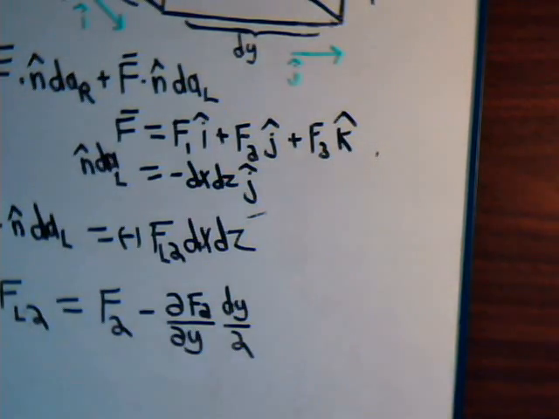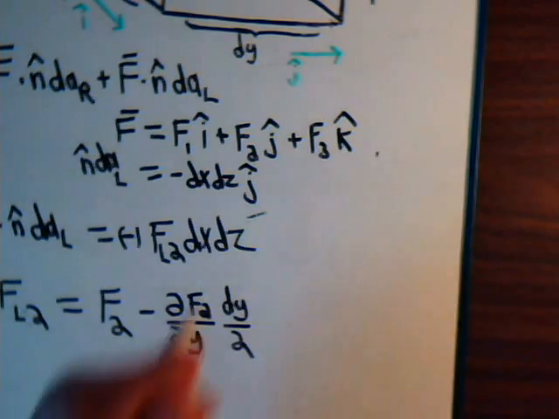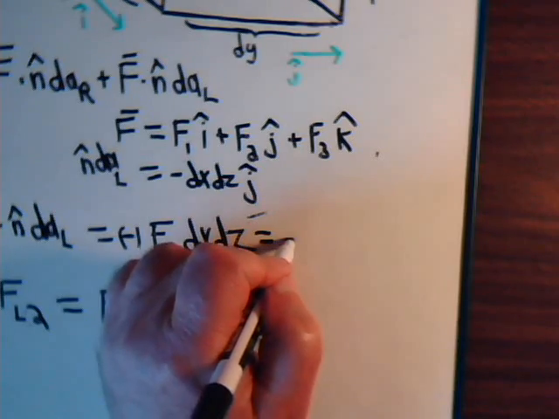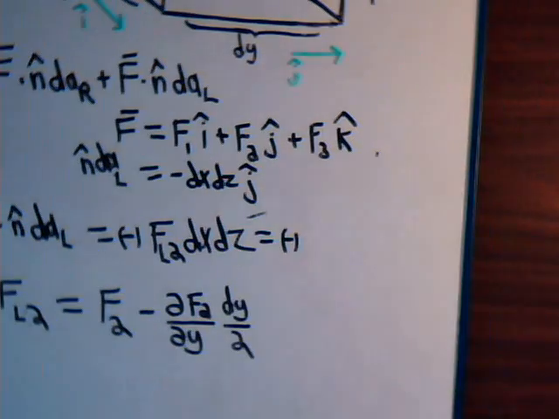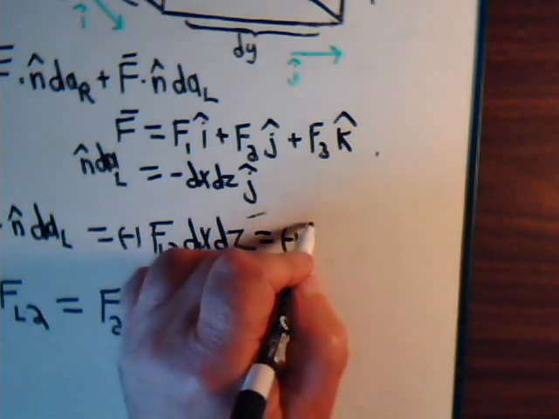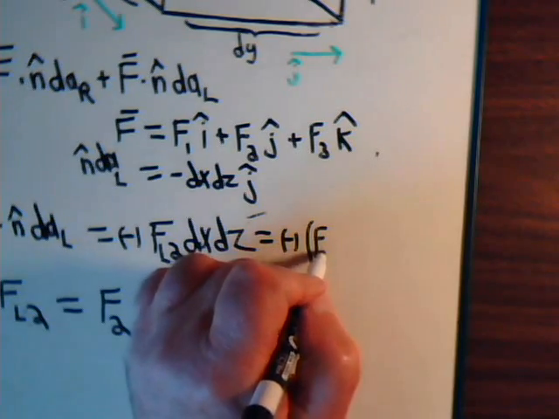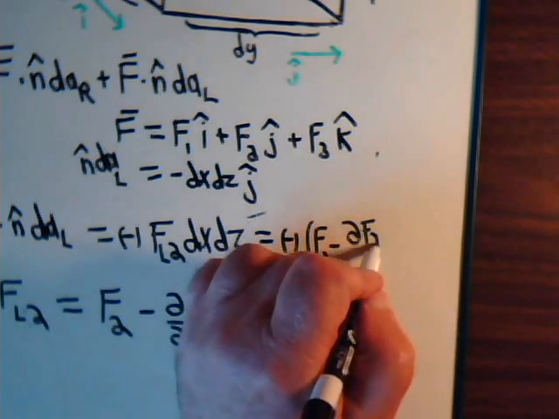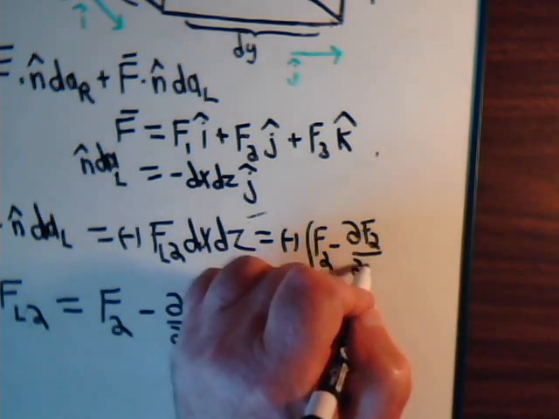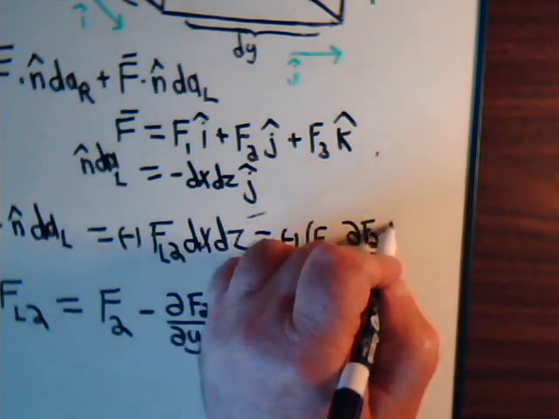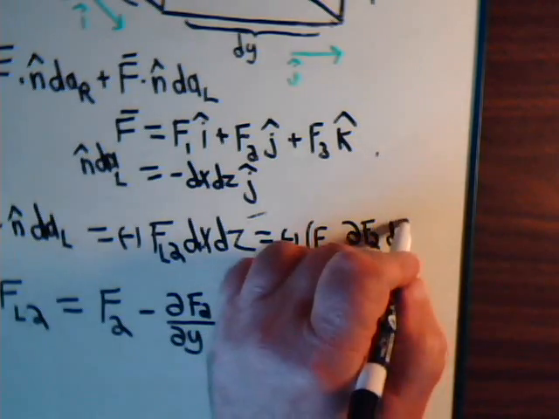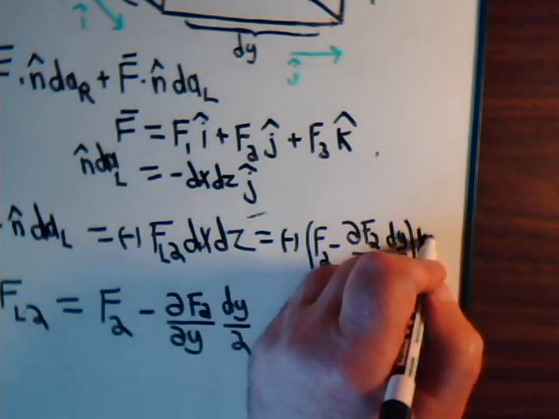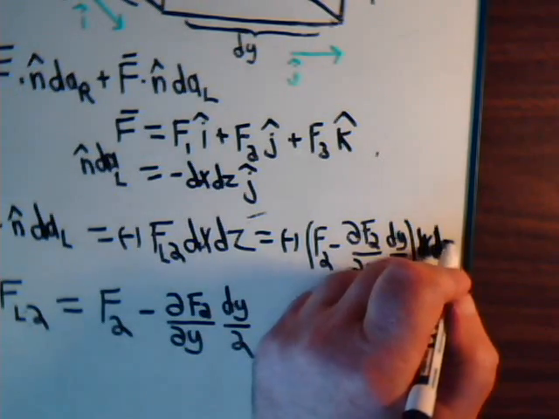So this equals minus F2 minus the partial of F2 with respect to y, dy over 2, times dx dz.